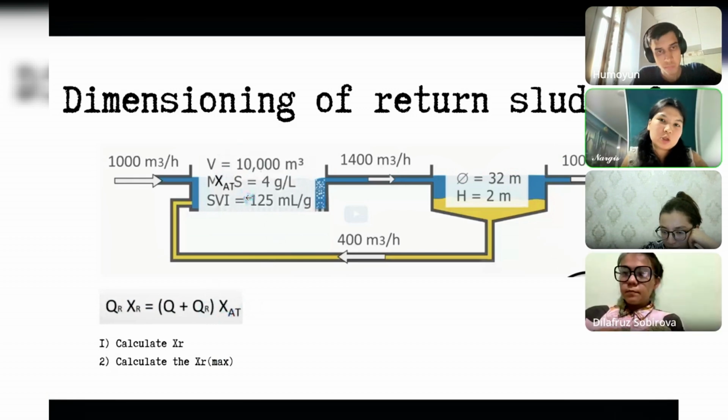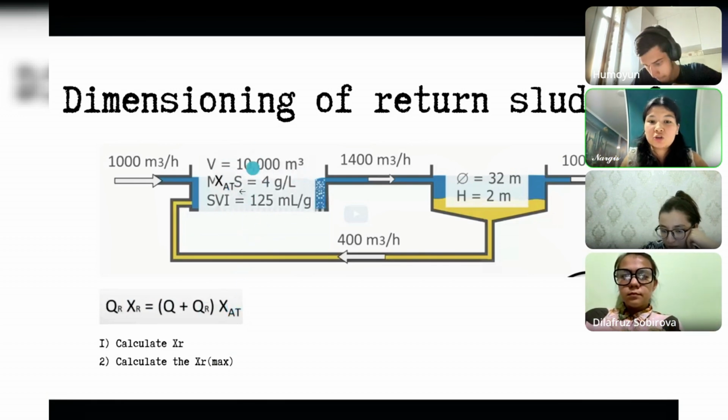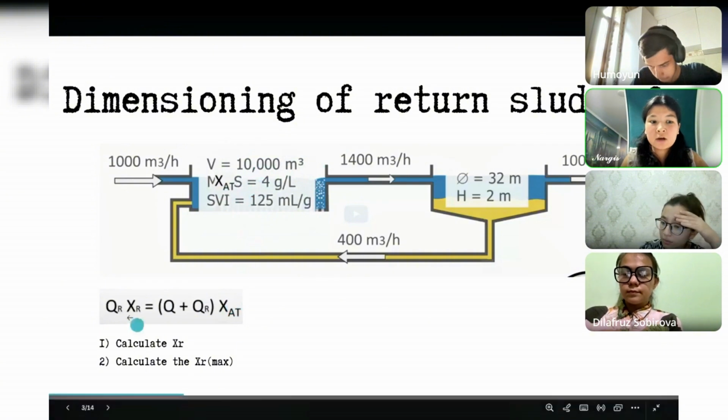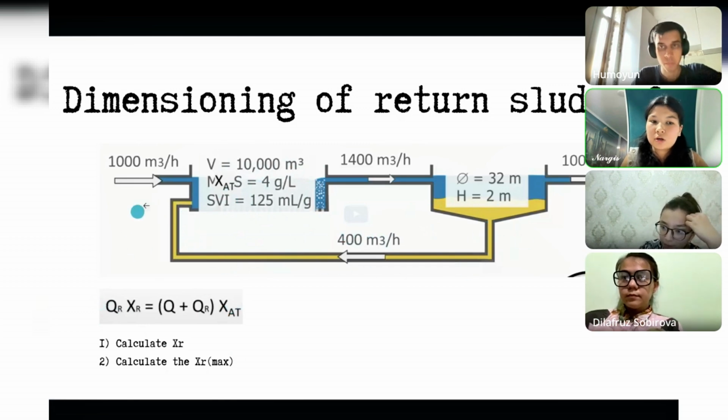XAT minimum can be 2 grams per liter. So you can lower XAT, which means you can lower the concentration of bacteria in the aeration tank, or you can increase the QR, meaning the flow rate that is refluxing your wastewater, right? Either increase this one or decrease this one. Increasing this one is easier.